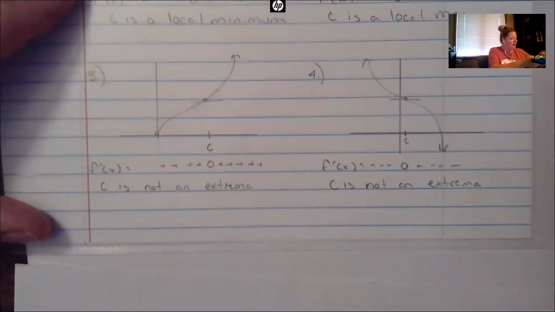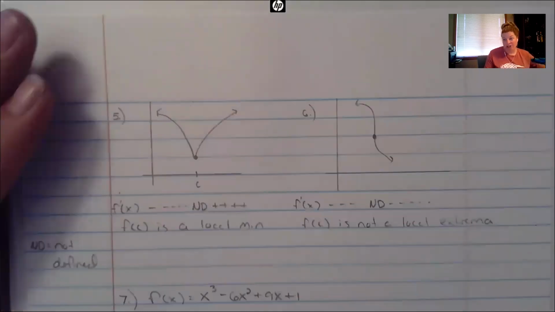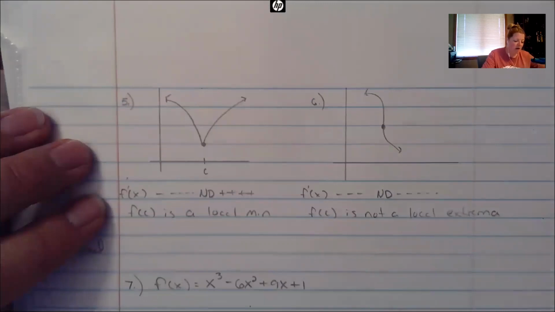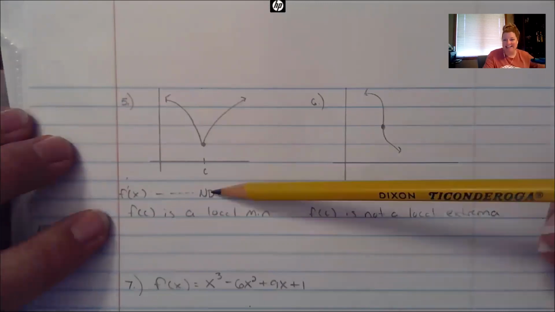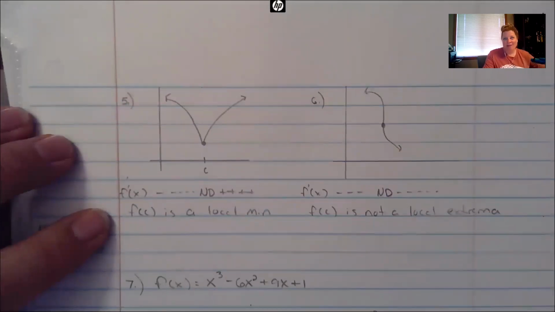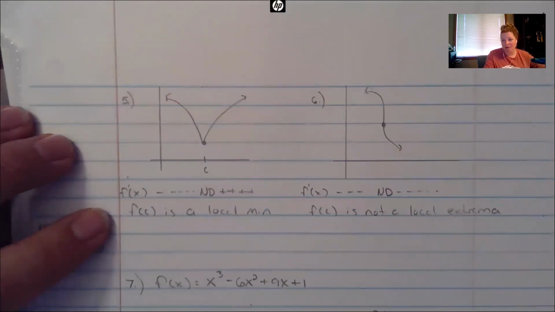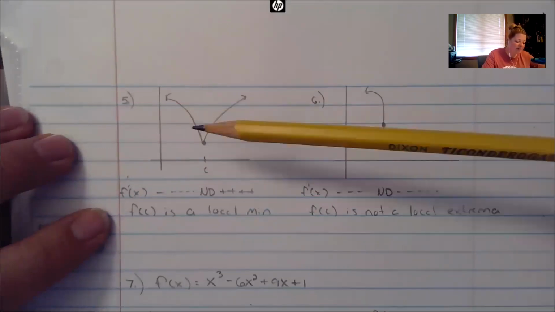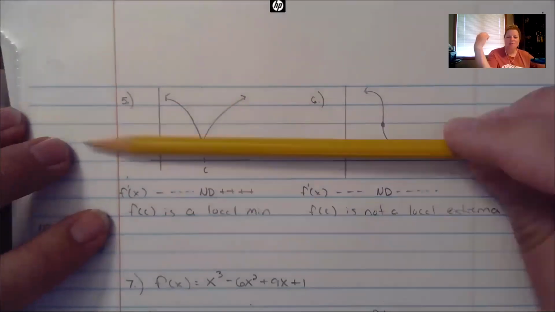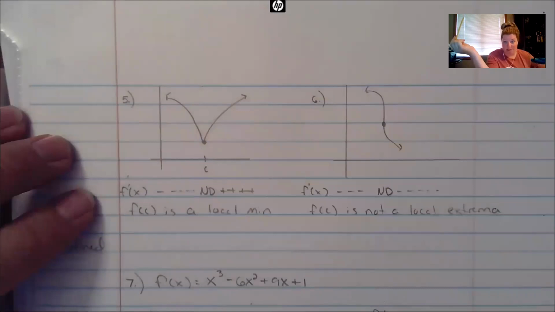Okay. Here's another one. This would be a great example of a spot where the derivative is undefined. So we would call it ND, which stands for not defined. It just is a partition number. You get it differently because it's where the derivative is undefined. But basically, see how this goes down? We could not draw a tangent line at that spot, so we can't get the derivative at that spot.